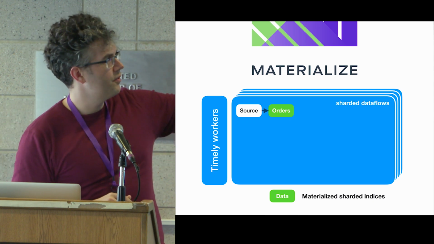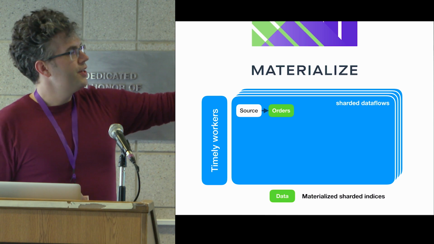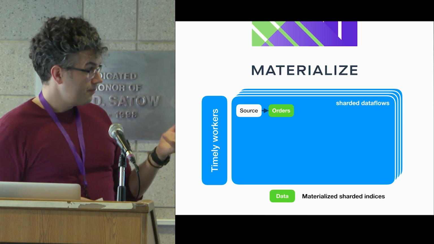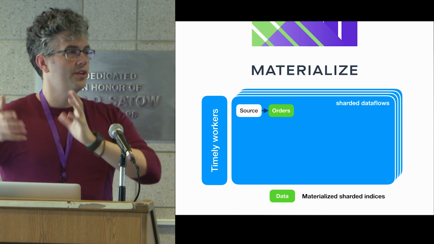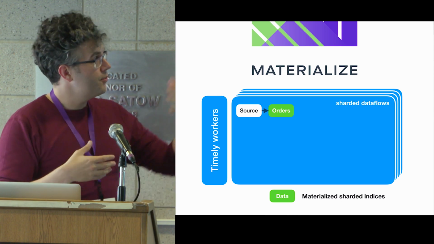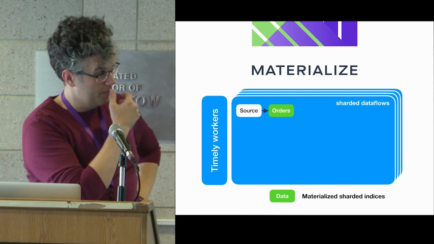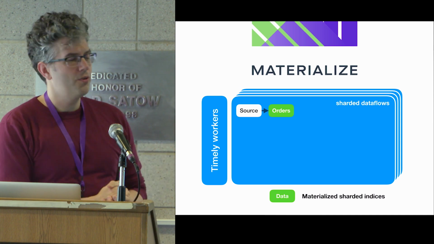And this is one of the important concepts in Materialize. So these materialized sharded indices, there are 3 words in there, and they're all important. They're materialized in the sense that we have actually collected the accumulated changes that have gone on, and we're sitting on it. So if someone comes and asks us, hey, tell me about orders, what's the count of everything in orders?